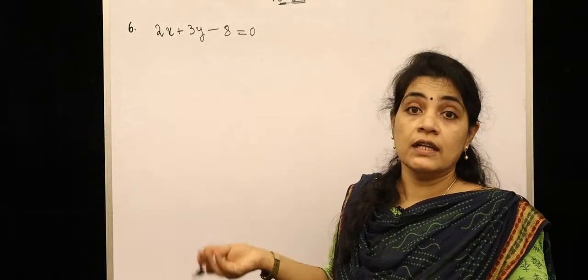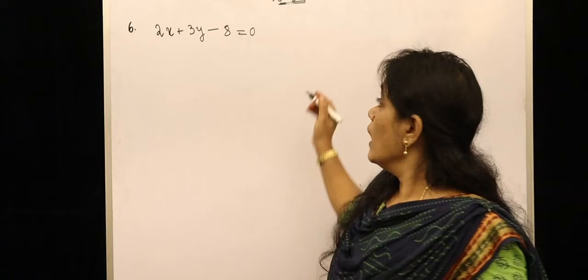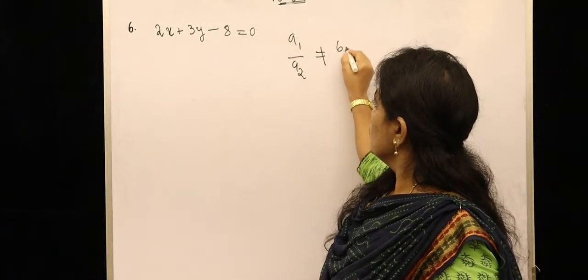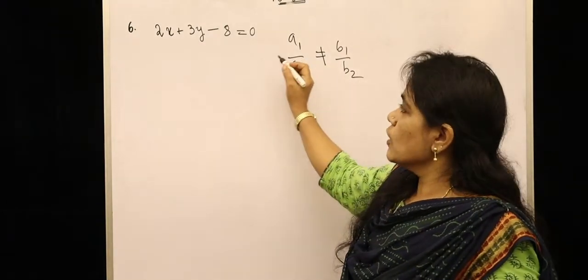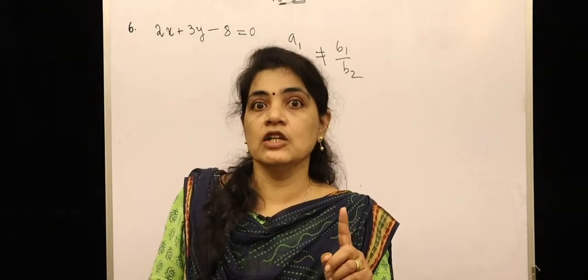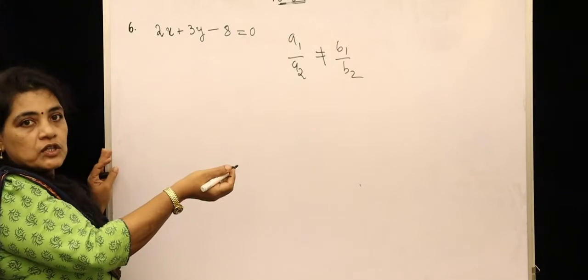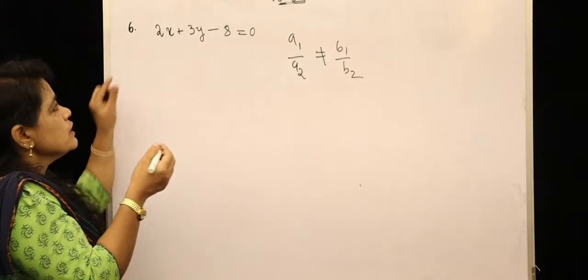So for the intersecting lines, for unique solution, we have A1 by A2 is not equal to B1 by B2. That means here the coefficient of x in the given equation, that is A1, is 2. So if I am writing another linear equation in two variables, it becomes a pair.